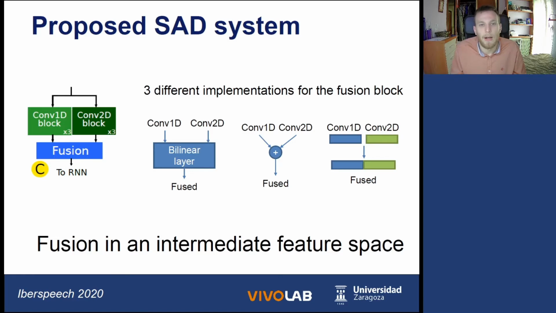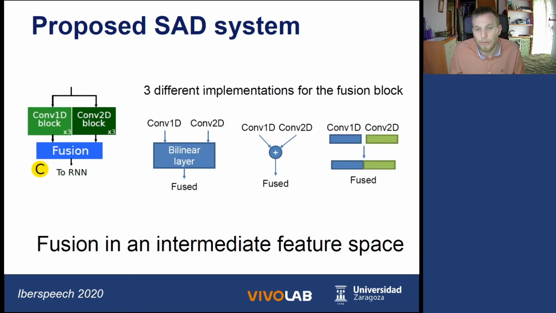Okay, now I will comment on the fusion implementation for our newly proposed architecture. We implemented this fusion mechanism in 3 different ways. First, we made the fusion by means of a bilinear layer that combines both the 1D and 2D filters information.